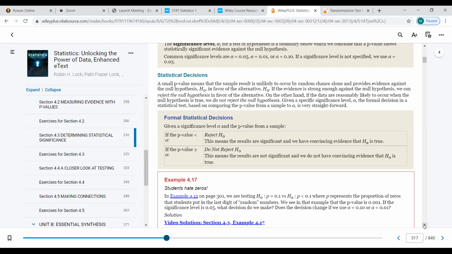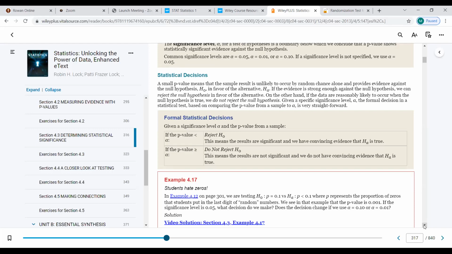We're going to say that the results are significant and we have convincing evidence that the alternative hypothesis seems to be true. If the p-value, however, is at least as large, that means greater than or equal to alpha, then we would say that the results are not significant and we do not have convincing evidence that the alternative hypothesis is true. And therefore, we're not going to reject the null hypothesis. Okay? Any questions about this decision?